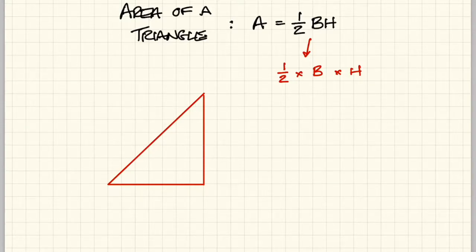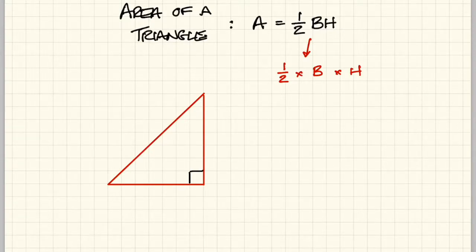First, let me give you the two things we're looking for. This is a right triangle, so from our geometry unit, we can identify that, and we know this angle here is definitely a 90-degree angle.